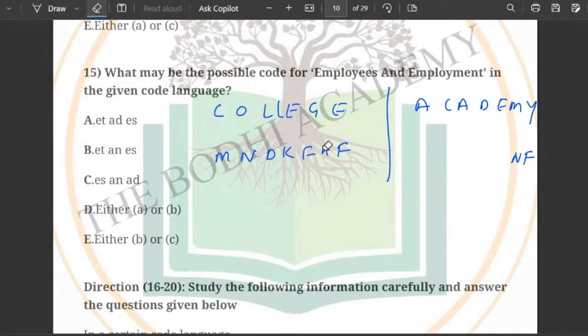Okay, now find the link. What is the logic that college is coded as M N D K F H F? Anyone?